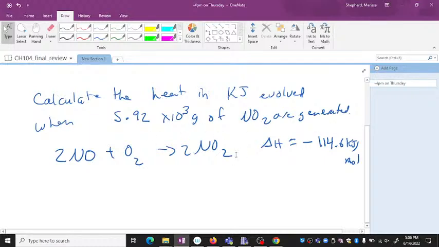So what should we do first here? Find how many moles it is. So let's do that. So we'll set up 5.92 times 10 to the third grams.